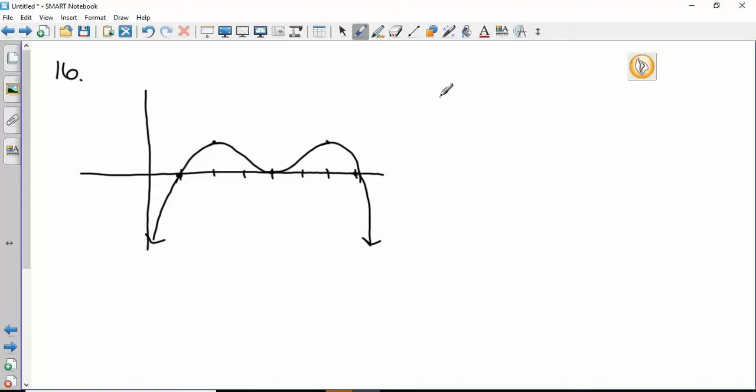So on part A, suppose this is just your original function.